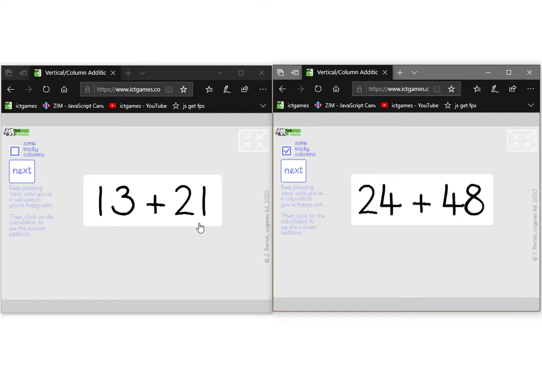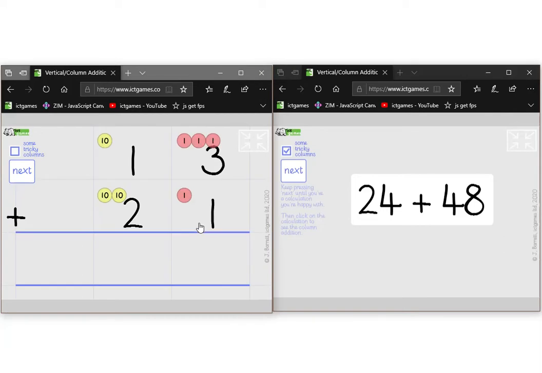Okay, let's have a look at the year 1 one first. So we've got 13 add 21, and we've got the 3 units and the 1 unit lined up in the same column, and we've got the big equals here. 3 add 1, if I drag those down, 3 add 1 is 4, and then this 1, we can talk about it being 1, but it doesn't really mean 1.